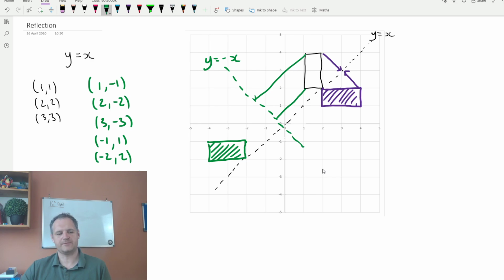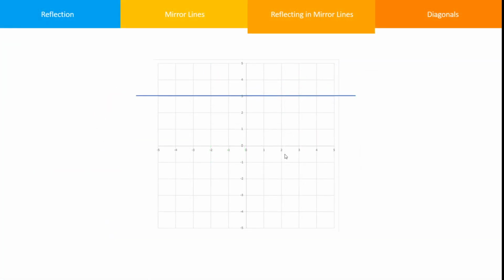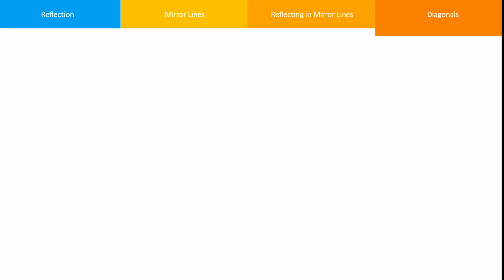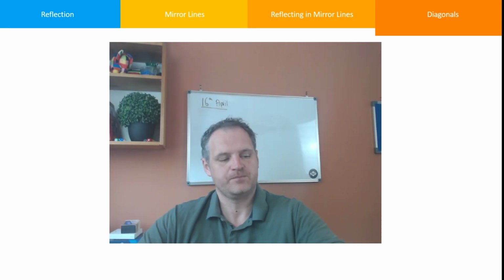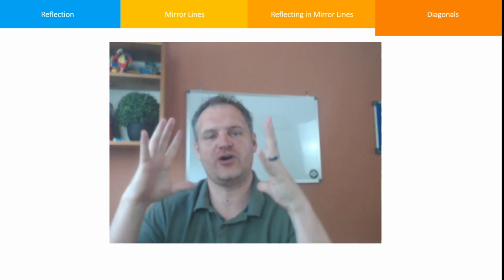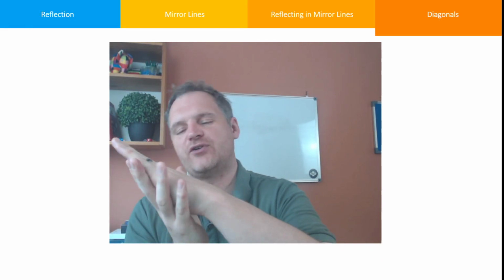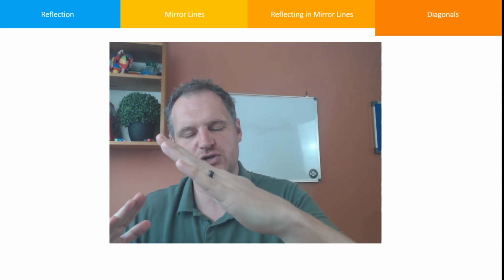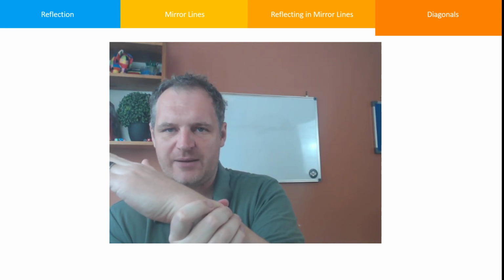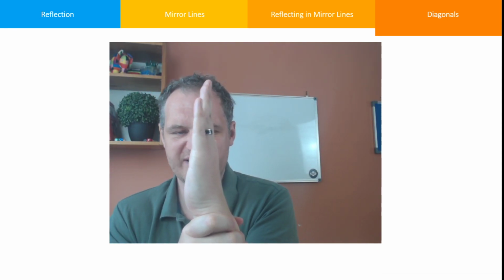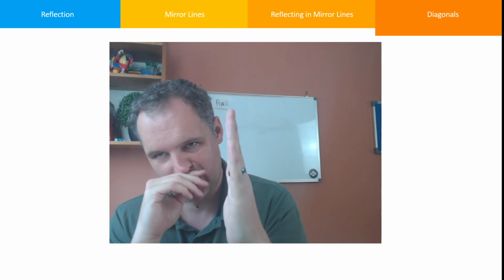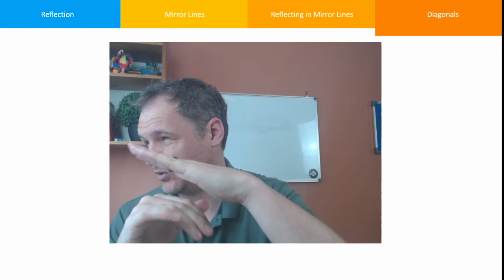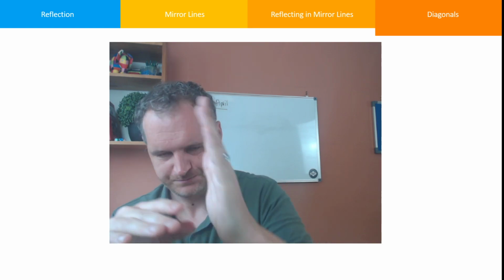If you turn your eyes, you can see that they are mapping each other. They do go together. So we have covered, in quite short succession, exactly how we reflect in various lines. We've then briefly looked at the diagonals, and we've talked about the fact that with diagonals you have to either turn your head or make sure you're being very careful, because the shape will always turn 90 degrees clockwise or anti-clockwise, depending on which diagonal you're using.